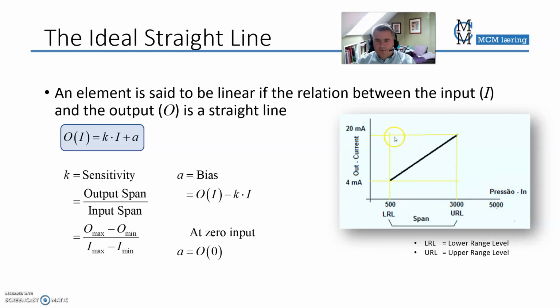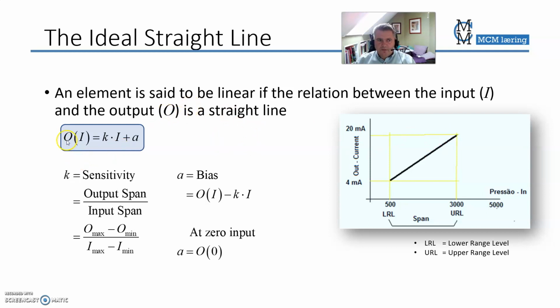It looks like this figure is stolen from a Spanish one, with pressure on the input axis and output current on the output axis. So the input span would be from 500 to 3000, maybe PSIs, and the output would be from 4 to 20 milliamps. And the relation here is a straight line between the two. So we have here a straight line dependency, the ideal straight line.